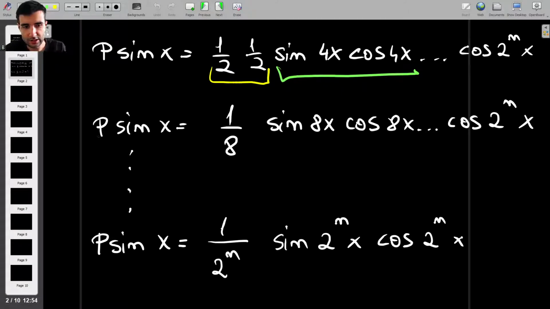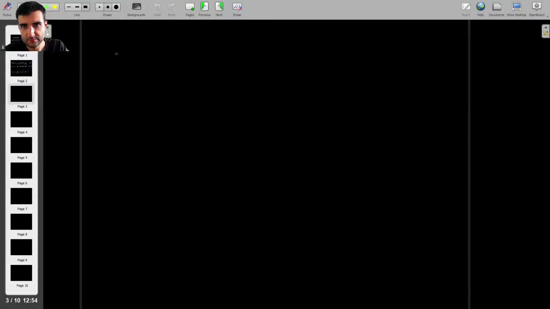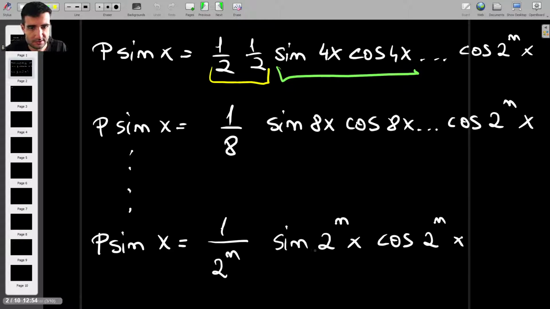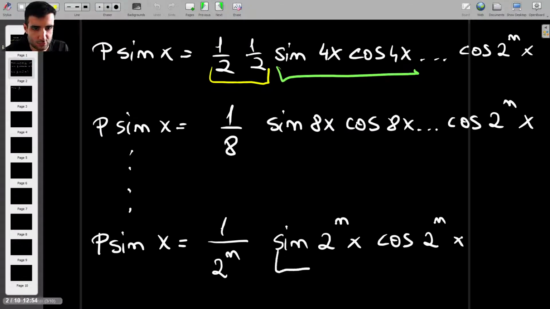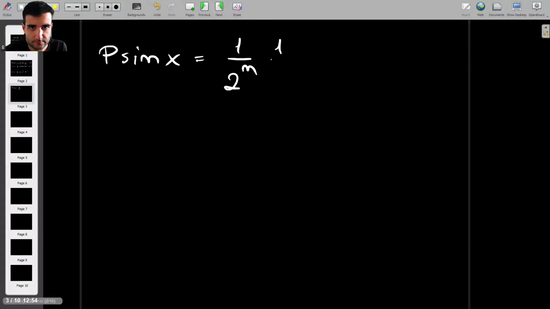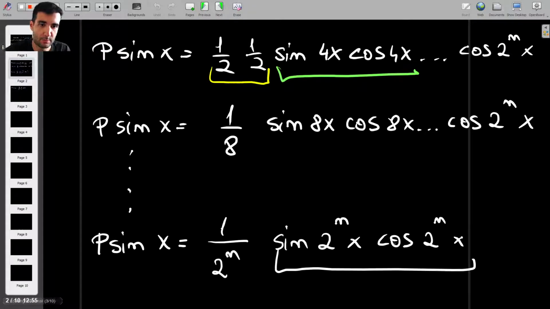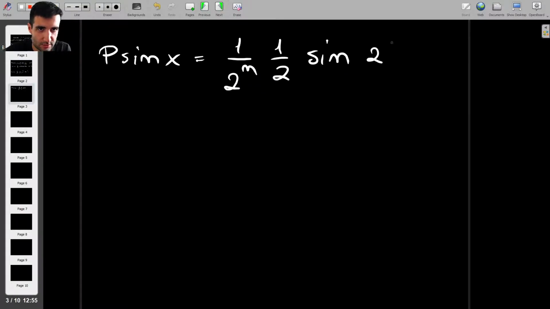Okay? So if we use that sine x cosine x thing one last time, then this will be p sine x equals 1 over 2 to the n, and this will be 1 over 2 sine of, and then we have 1 plus the other, which will just be 2 to the power n plus 1 x.